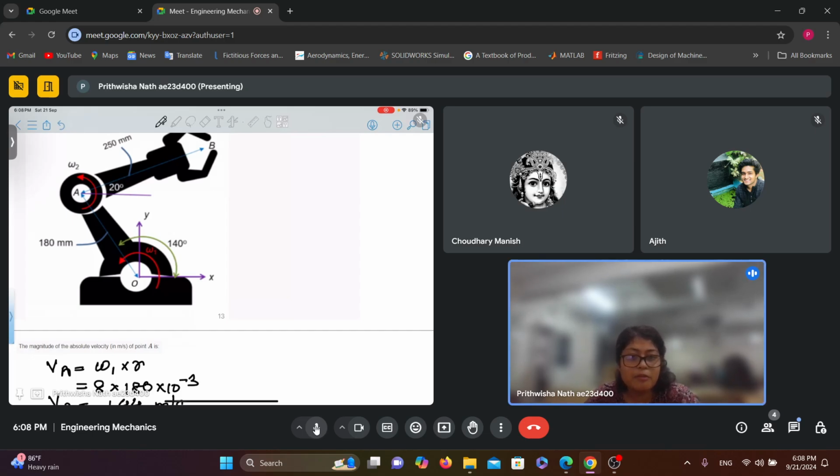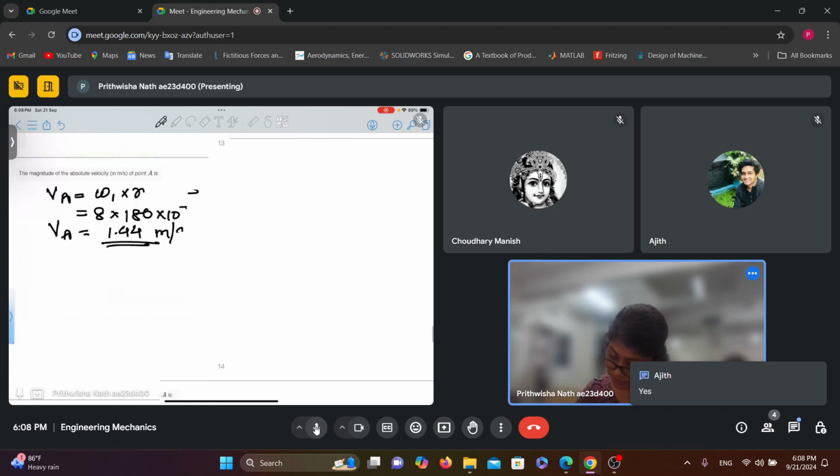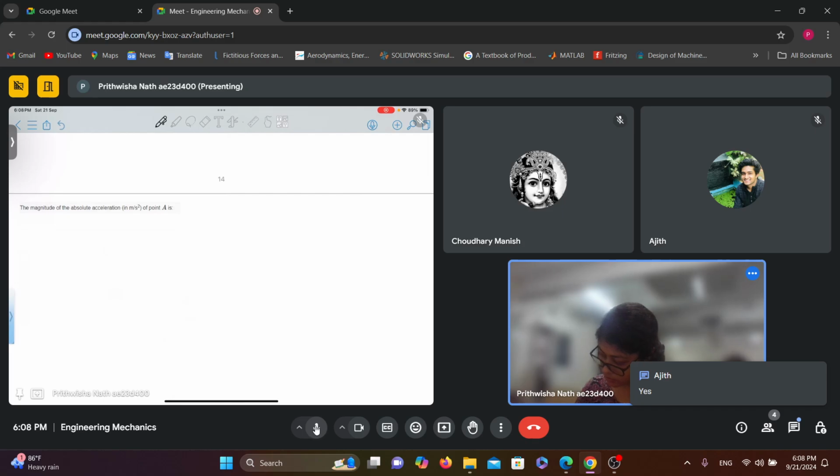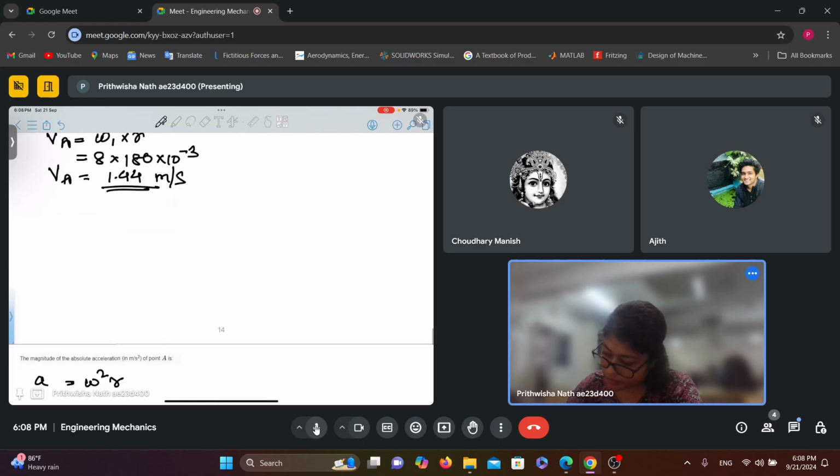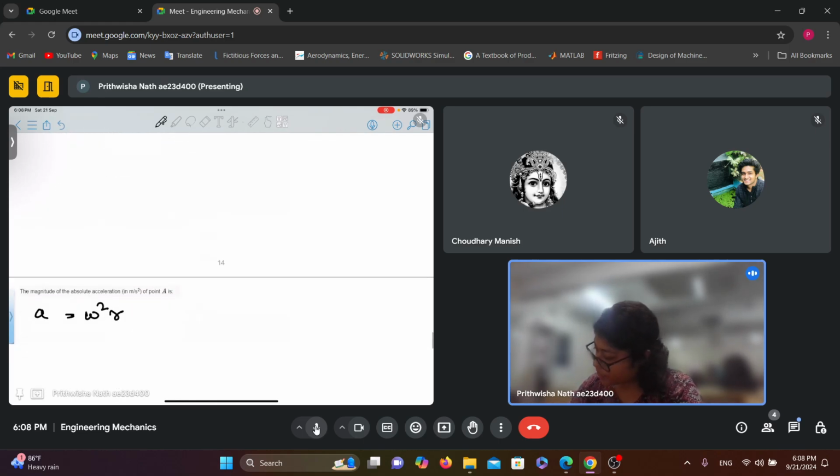Can someone confirm if I'm audible? Okay. So can you tell me what the acceleration is? This is nothing but omega square r, right? So omega we already know.